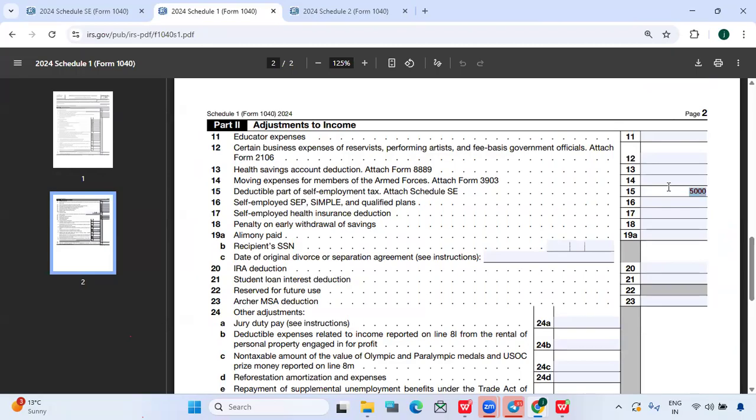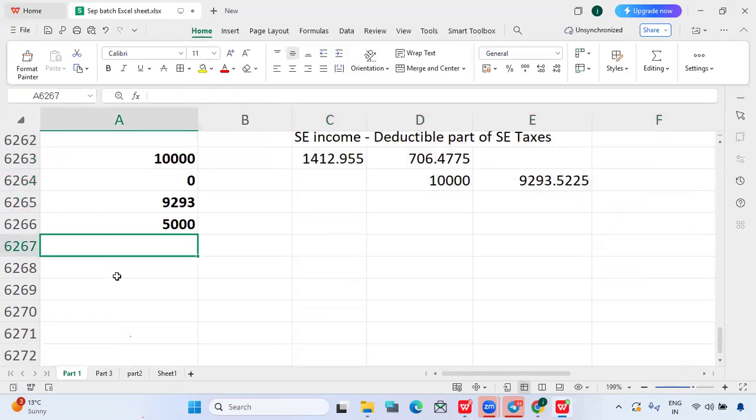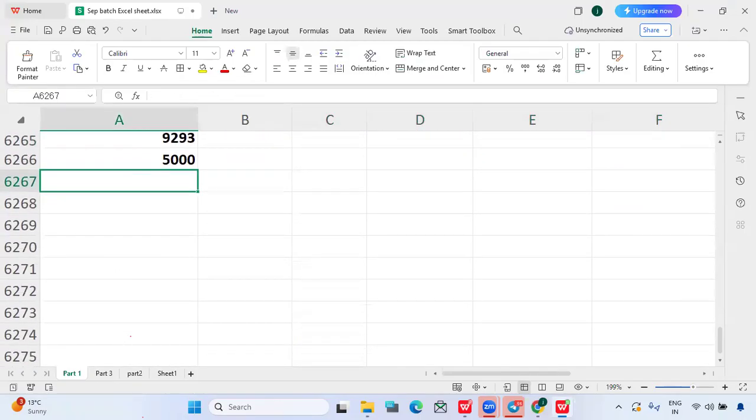Self-employment health insurance deduction formula equals self-employment income minus the deductible part of SE taxes. That is the formula. You must remember it. Whenever you have time, whenever you are revising, just write out all these formulas. This formula is very important.